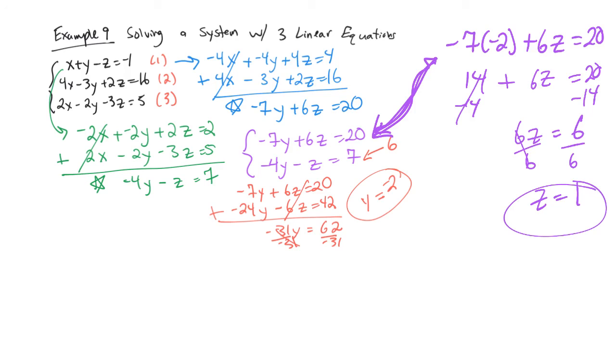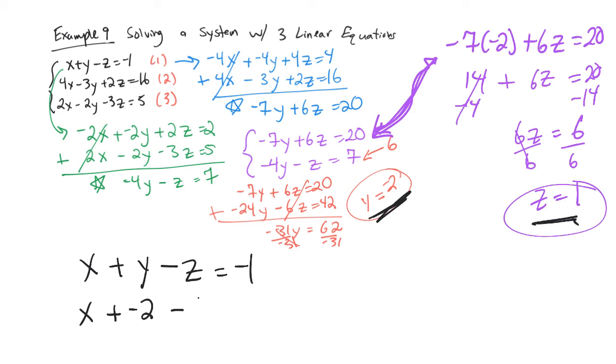So now we have two variables, one left. Our original equation 1 was x plus y minus z equals negative 1. We know y, and we know z, so let's plug those in. So x plus negative 2 minus 1 equals negative 1. Negative 2 minus 1 gives us x minus 3 equals negative 1.